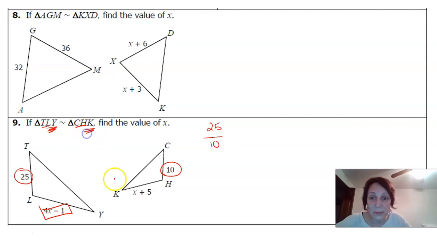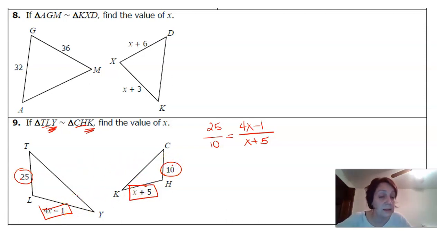So HK should be its partner, and luckily I have it. So my other ratio is 4x minus 1 over x plus 5. Notice I'm being really careful with my ratios here. I'm going big on top, little on the bottom, big on top, little on the bottom. It doesn't matter which way you do it, but you have to do them both in the same way.